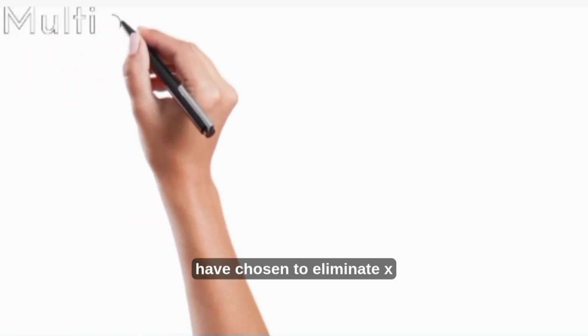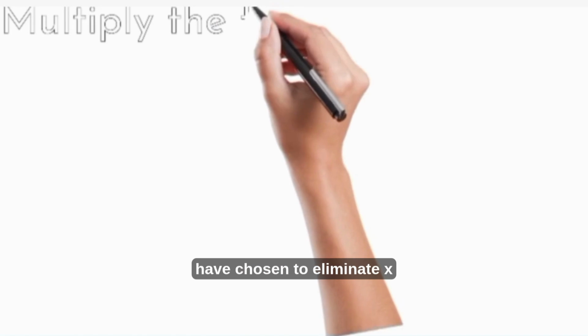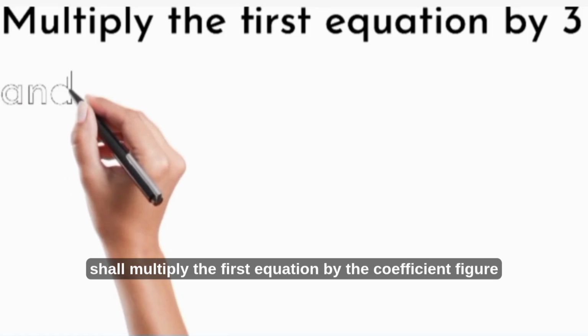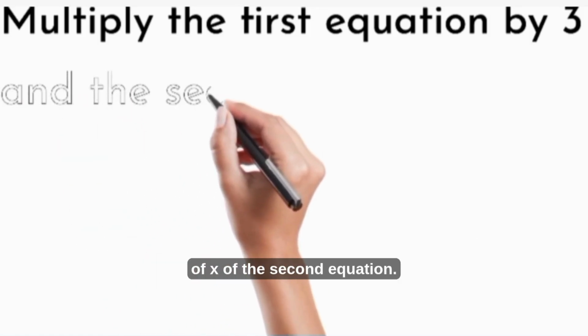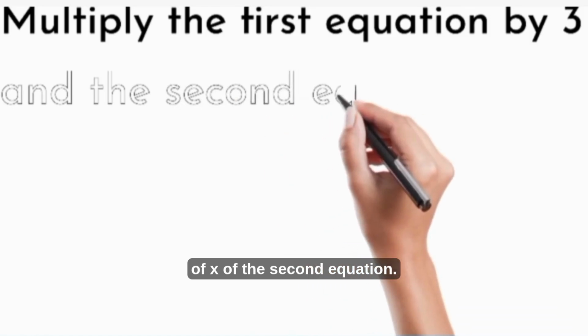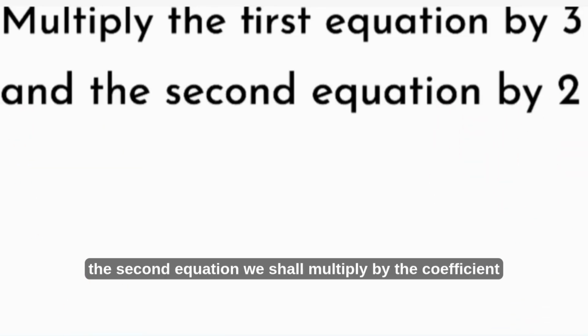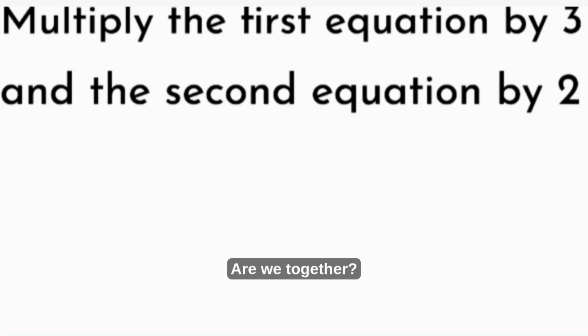So now, because we have chosen to eliminate x, we operate some multiplications, and it is very important for you to know that we shall multiply the first equation by the coefficient figure of x of the second equation. So we shall multiply the first equation by 3, and the second equation we shall multiply by the coefficient figure of x of the first equation, which happens to be 2. Are we together?